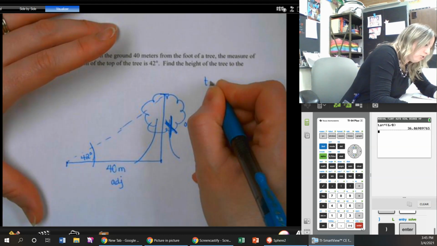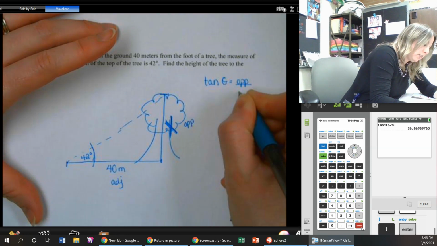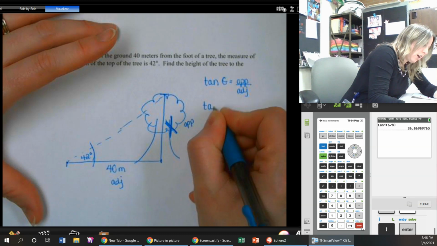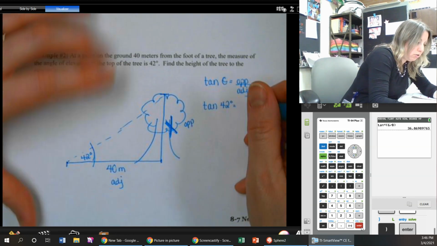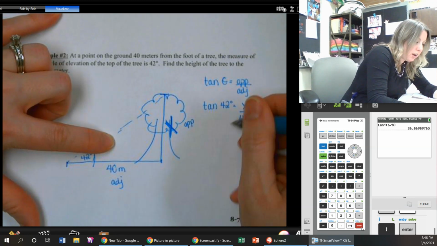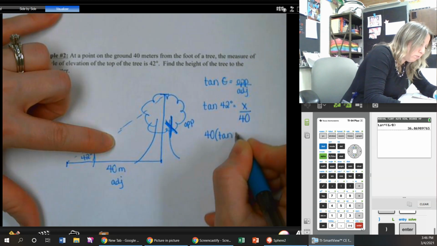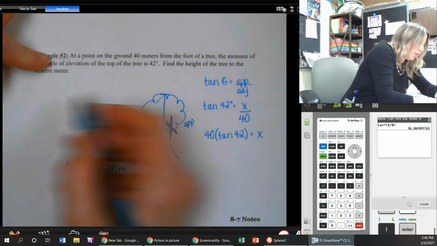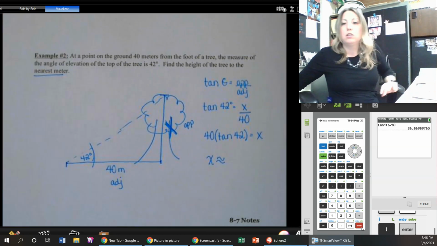So the tangent of theta is equal to the opposite side divided by the adjacent side. So we do know the angle measure is 42 degrees. So tangent of 42 degrees equals x, the opposite side, over 40 meters, the adjacent side. So cross multiply, you get 40 times tangent 42 equals x. And find the height of the tree to the nearest meter. Got it. Round to the nearest whole number. So let's go.